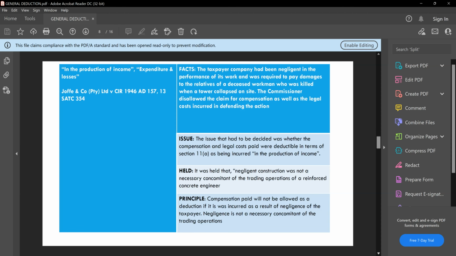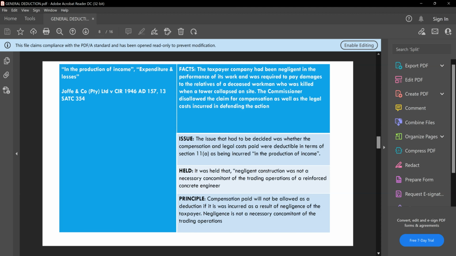So the issue that had to be decided was whether the compensation and legal costs paid were deductible in terms of Section 11A as being incurred in the production of income. This is the issue that gave rise to this court case.